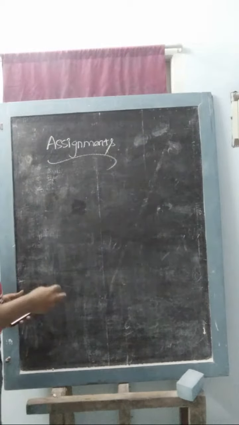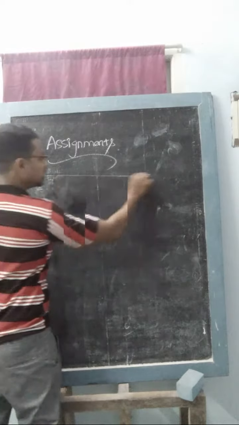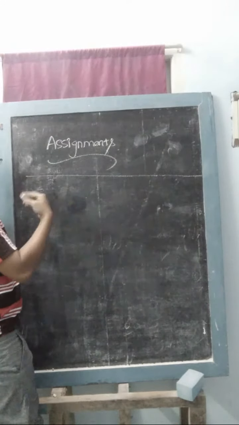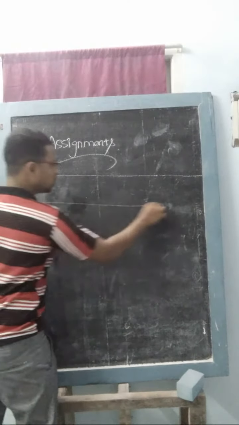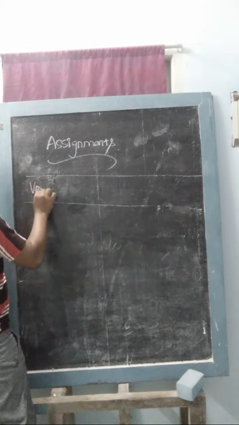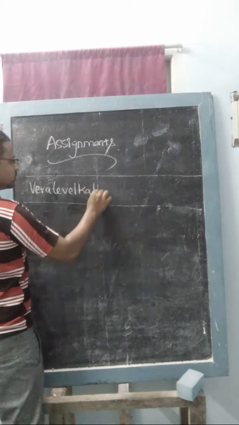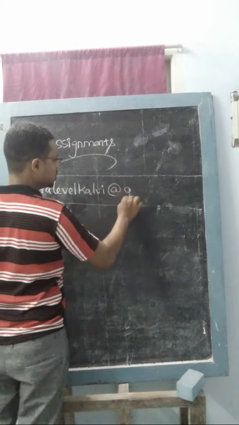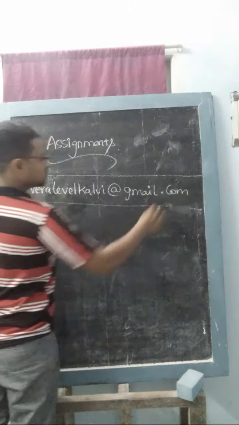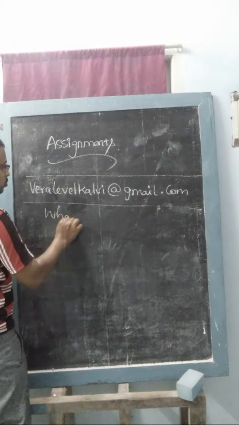And I need details to make a certificate. You just send through mail or to my number. The email is level kalvi at gmail.com. Okay, or you just send your details to WhatsApp.